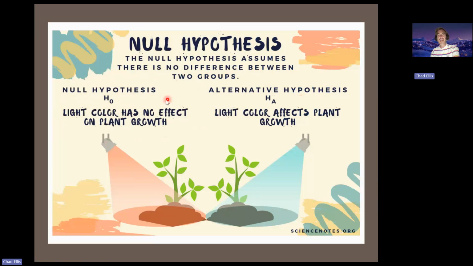And if you do reject your null hypothesis, you have to go with your alternative hypothesis. In an experiment, you clearly define before you do your actual experiment what your null hypothesis is and what your alternative hypothesis is. So here's just kind of a funny example here, right?